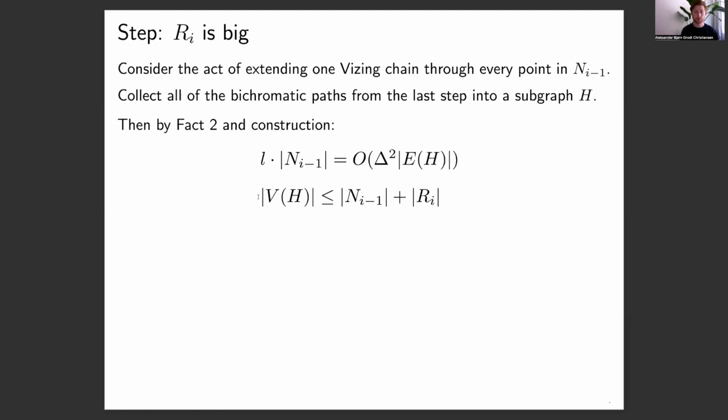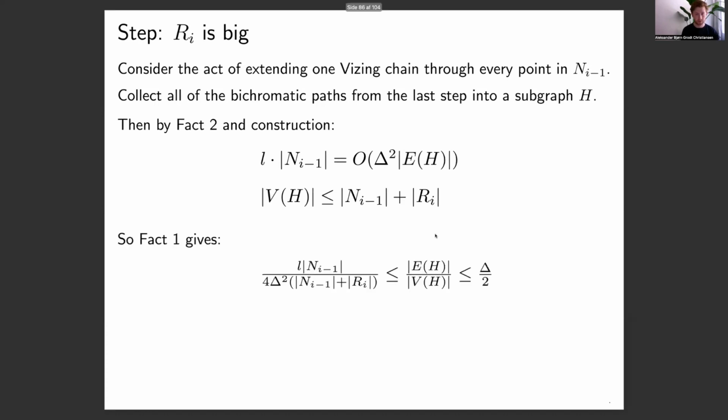And we also know that the number of vertices in the subgraph is going to be upper bounded by the points where we began, plus the number of new things that we can reach.